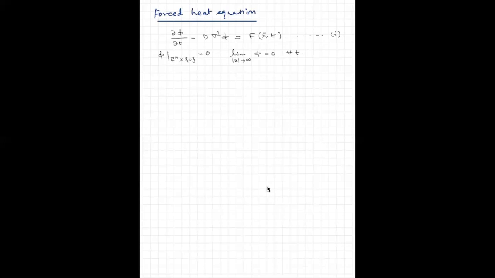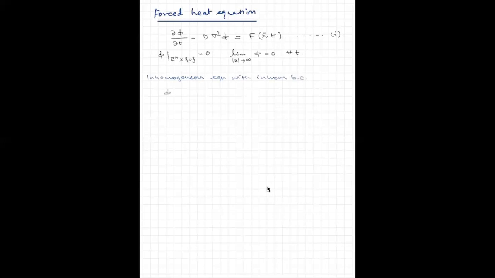So we can write down the solution of the inhomogeneous equation with inhomogeneous boundary condition.